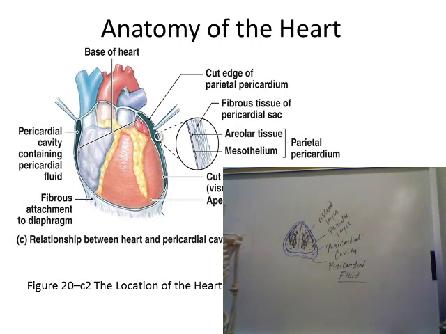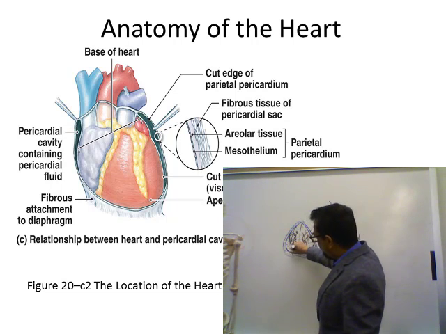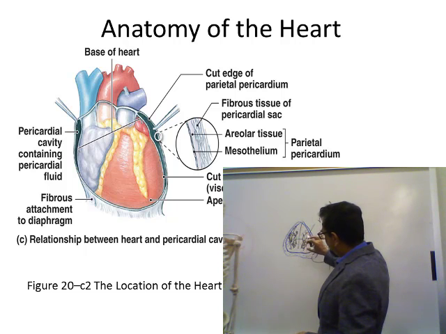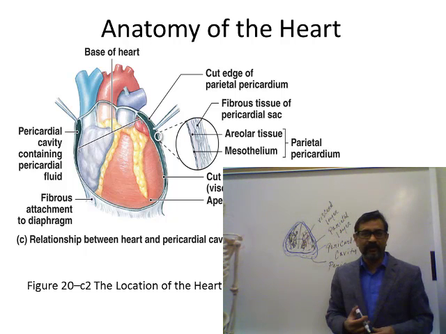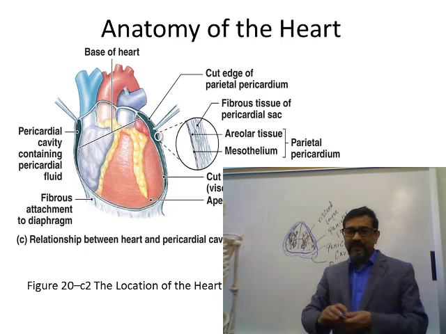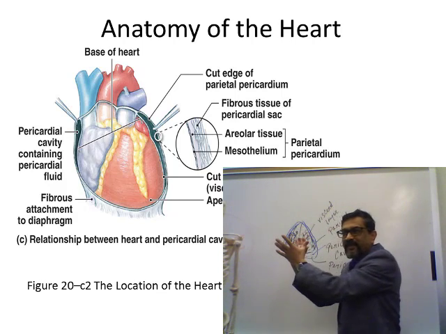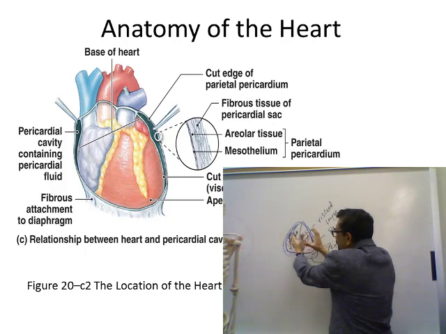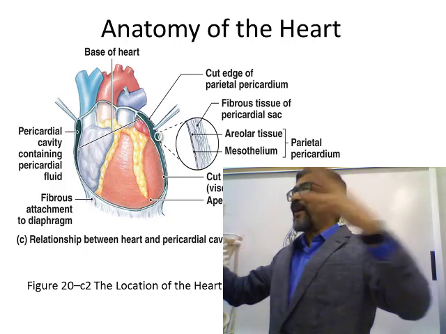If too much fluid accumulates here, this space gets filled with too much fluid, that causes a problem too. In that case, the pressure around the heart increases. Make sense? If too much fluid accumulates there, the pressure around the heart increases. So the heart cannot expand. Make sense? If pressure is more around the heart, the heart will not be able to expand.